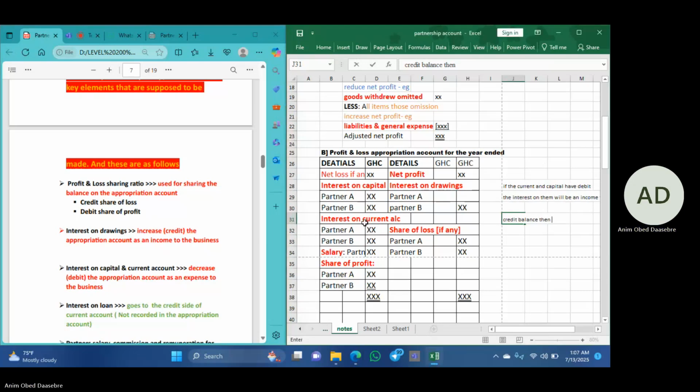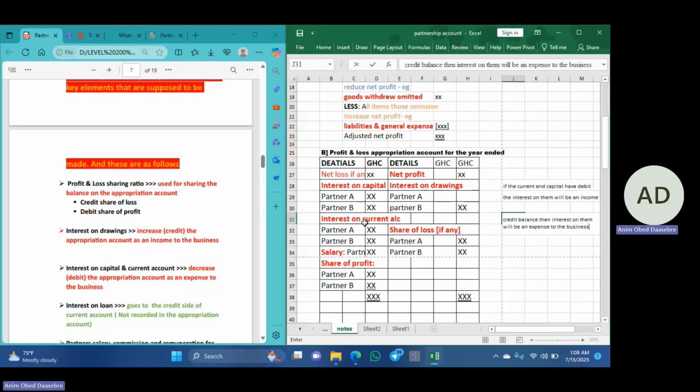So if they have a credit balance, then interest on them will be an expense to the business.